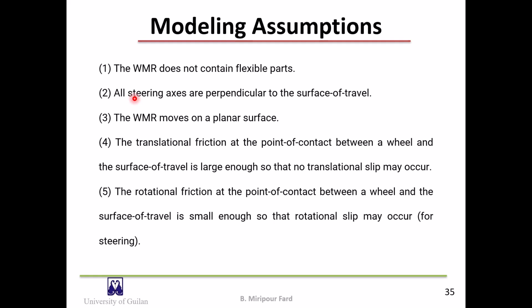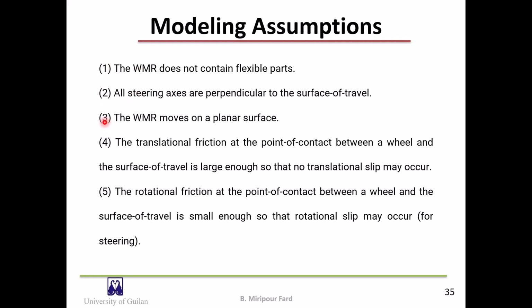By constraining the steering links to be perpendicular to the surface of travel, we reduce all motions to a plane. We thus constrain all component motions to a rotation about the normal to the surface of travel and to translation in a plane parallel to the surface.